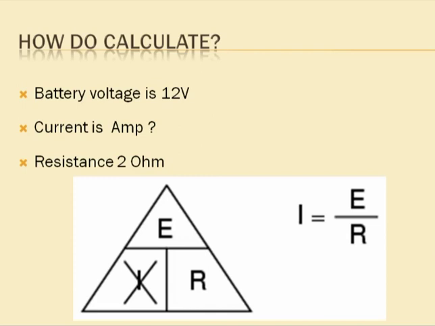Now, an important thing about Ohm's law that we have to remember is that we are working based on one assumption, and that assumption is that the temperature remains constant. Here I would like to point out a few things about this assumption.